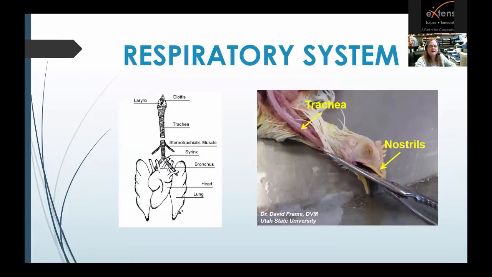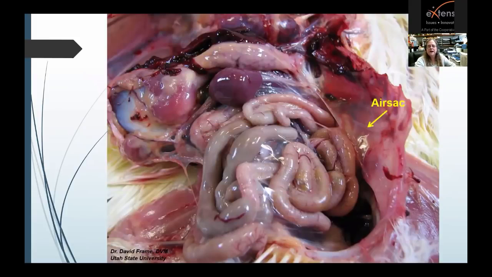Chickens have lungs, but their lungs are different, which I'll get into. And chickens also have air sacs, which are very unique. It's very hard to show air sacs in a necropsy because when you open it up, you basically break the air sacs. Chickens have 9 of them, and they're important. They're not involved in air exchange, but they act as bellows, pushing air through the lungs.